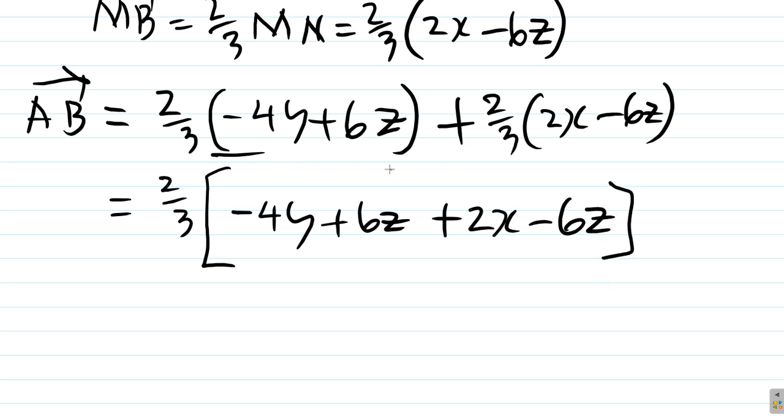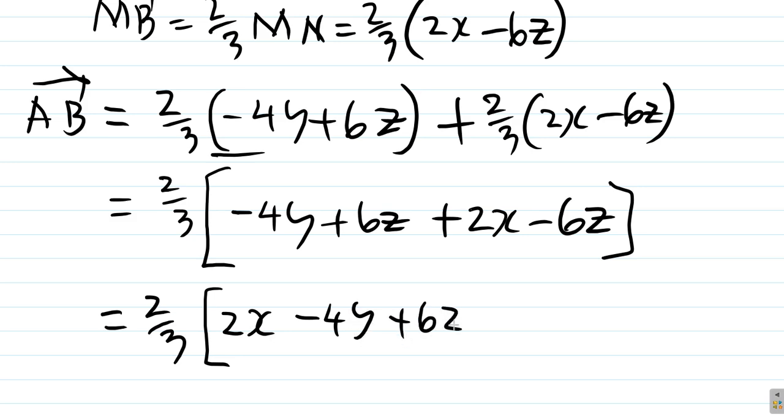When we remove these round brackets, we don't need them anymore because we had factored out the 2/3. If you want to multiply inside the bracket and then factor out, you could do that, but that would be more work. Now, this is 2/3. What do you have inside the bracket? Put the x together, 2x, minus 4y plus 6z minus 6z.